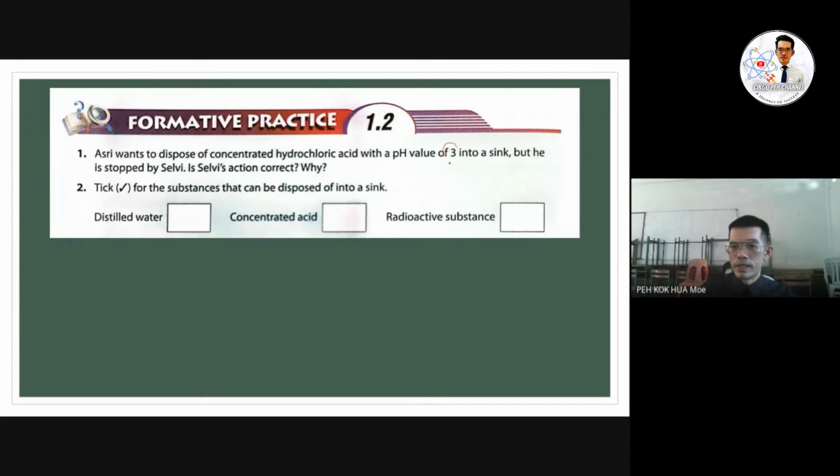Can anybody discuss with me? Is Selvi's action correct? She stopped Asri, who wants to throw the chemical with pH value of 3. Is it the correct way for Selvi to stop him? Yes, good, thank you. So this is the correct way.